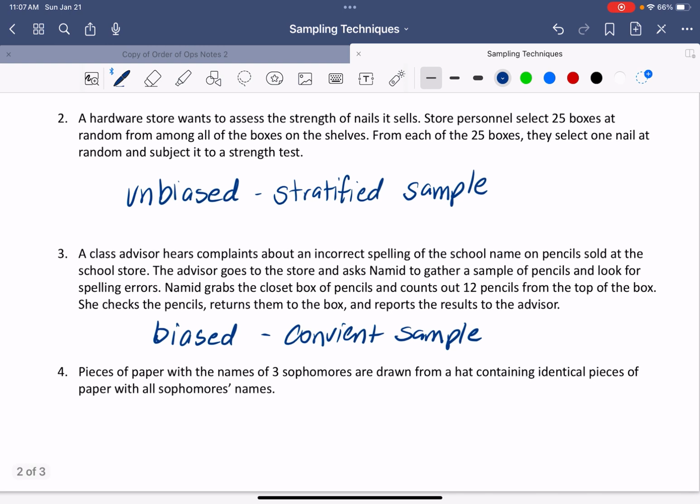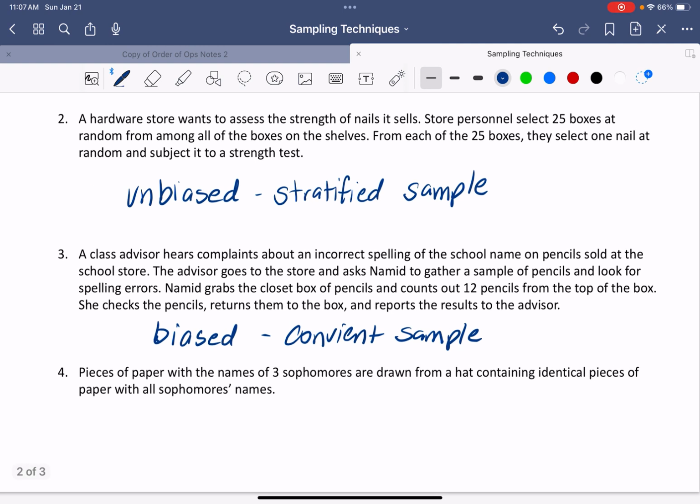All right, and then lastly, pieces of paper with the names of 3 sophomores are drawn from a hat containing identical pieces of paper with all sophomores' names. Now, on this one, it's a little trickier because I don't see the word random on here, but I see that the names are drawn from a hat containing identical pieces of paper with all of the sophomores' names.